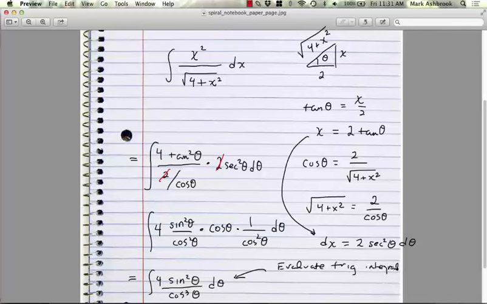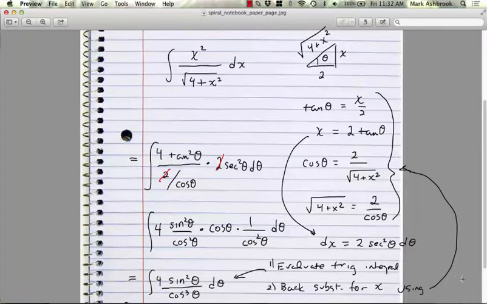So the next thing to do is evaluate the trig integral, then back substitute for x using the ratios. Does the general idea make sense?